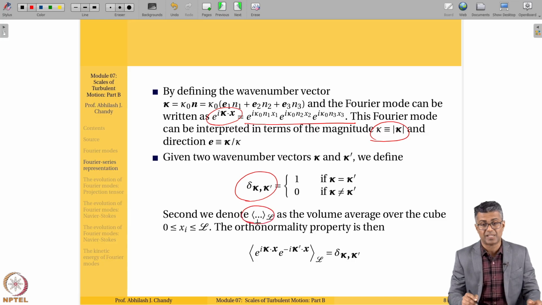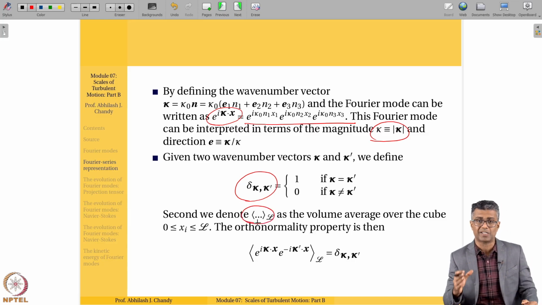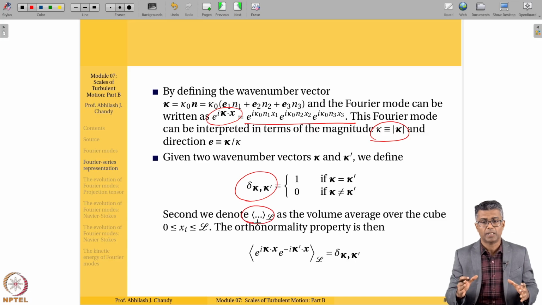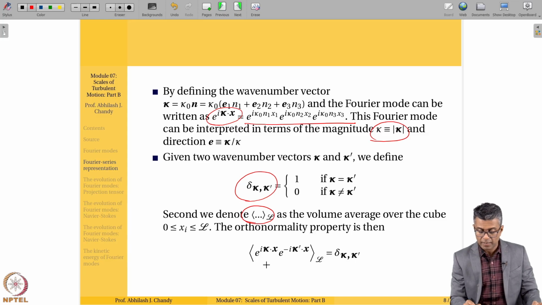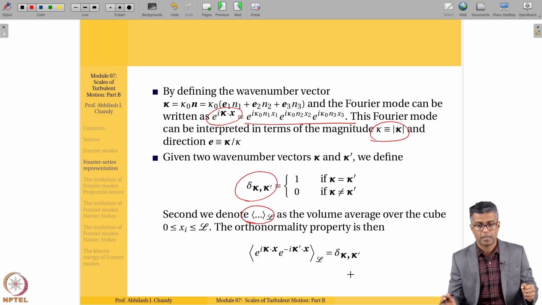If we denote this, angle bracket with a subscript L, as a volume average over the entire domain, which is our cube, and then you take a volume average of e to the I kappa dot x times e to the minus I kappa prime dot x, the volume average of this expression comes out to be the Kronecker delta.